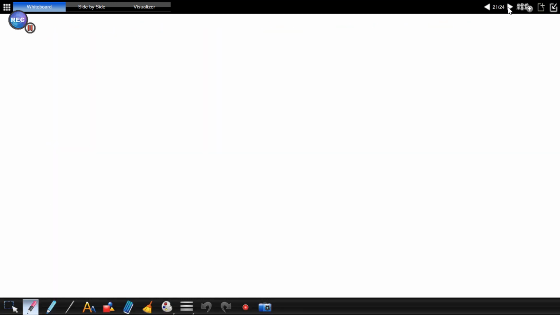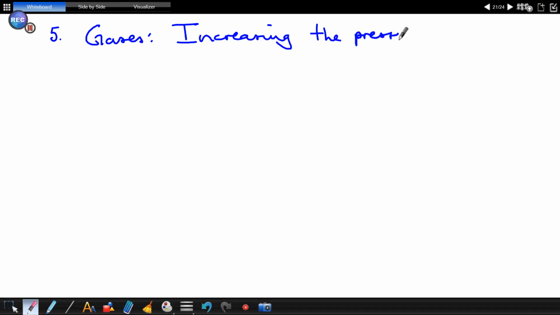So if we have gases, shall I call it 5 without you being confused? For gases, increasing the pressure will increase the rate of a reaction.